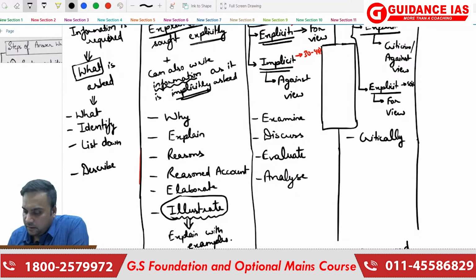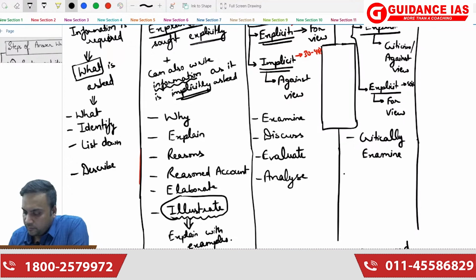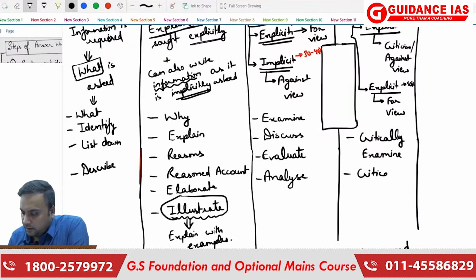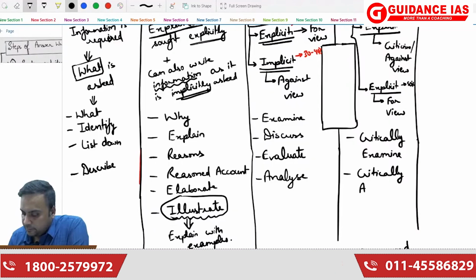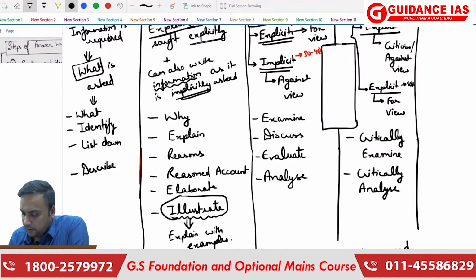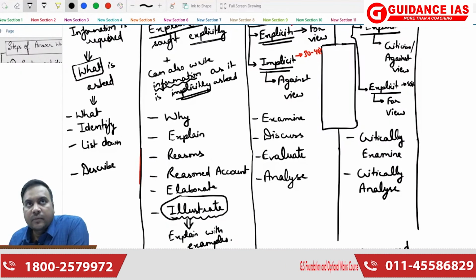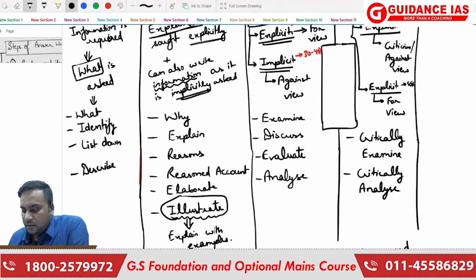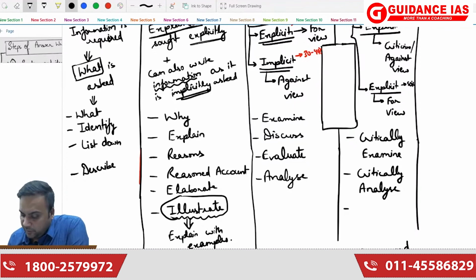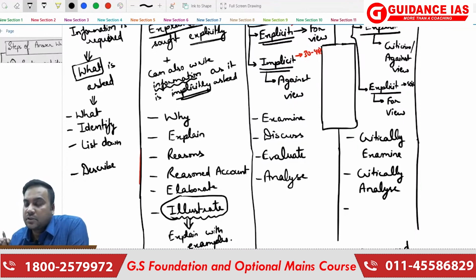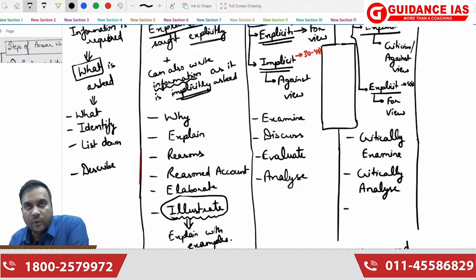And a number of such keywords can be there, like for example critically examine, critically analyze. Okay. Several such keywords, even one where the critique has to be a little bit more, you can put critique.